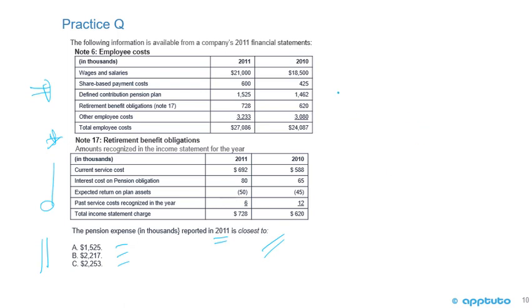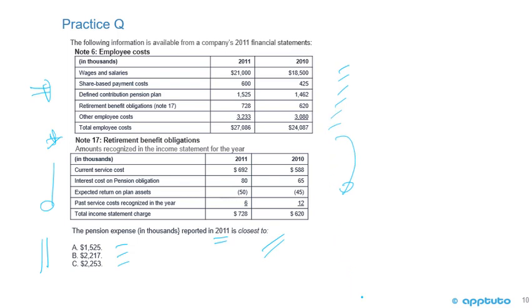Okay, so we can see it's giving you information, employee costs, wages and salaries, share-based payment costs, defined contribution pension plan, retirement benefit obligations, see note 17, which is below, other employee costs, and then we have the total employee costs.